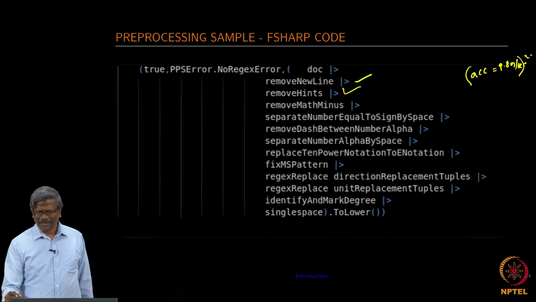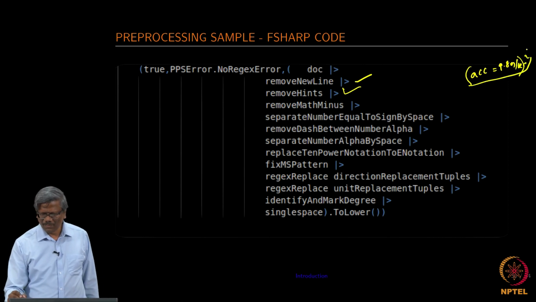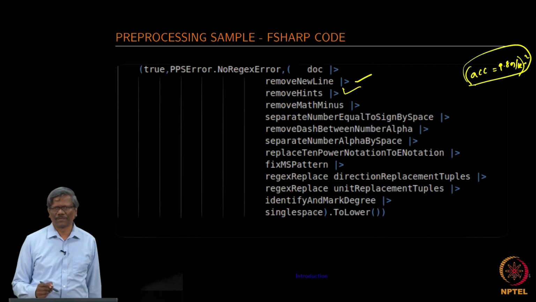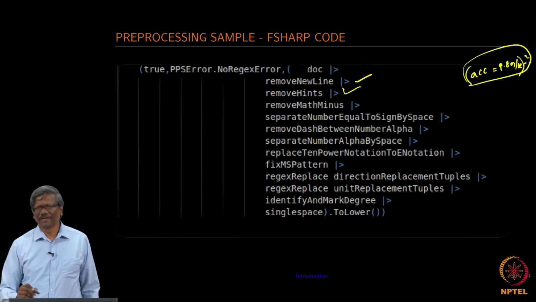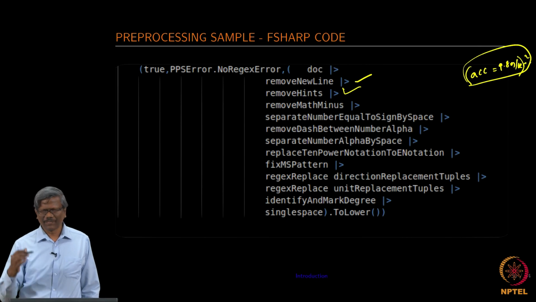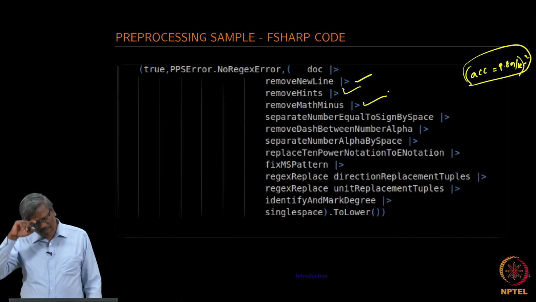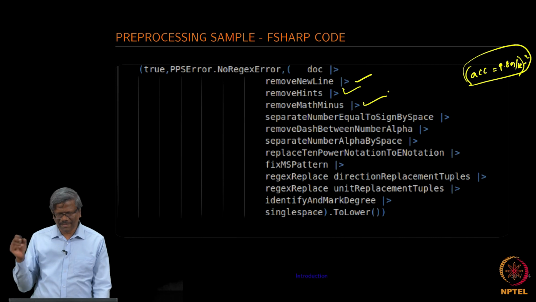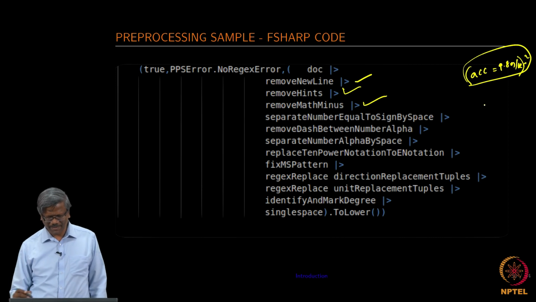It doesn't want to look at that and get confused, so it removes that. It assumes that all the things happening are on the earth. And then it removes certain symbols that are part of the original text.